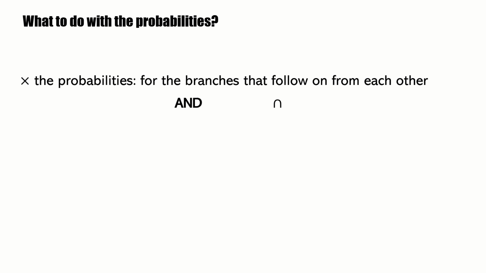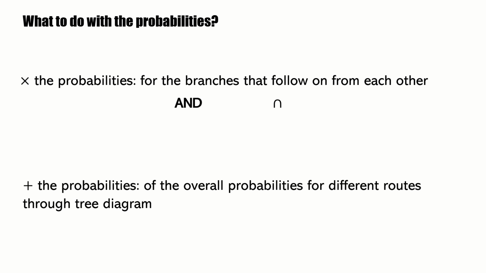Whereas you need to be aware that you need to add the probabilities when you are trying to find the overall probability caused by several different routes through that tree diagram. But then on top of that, please be aware that this is strongly linked to the word "or" when it comes to wordy stuff. You're saying either one thing or another different thing happens.